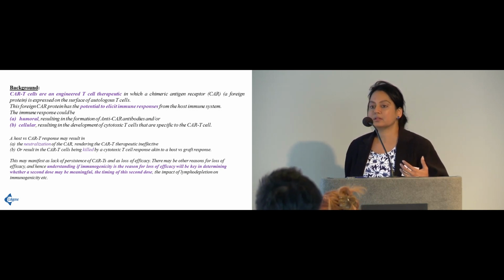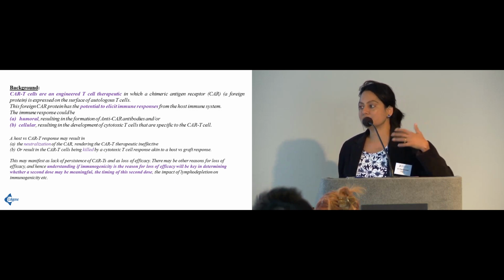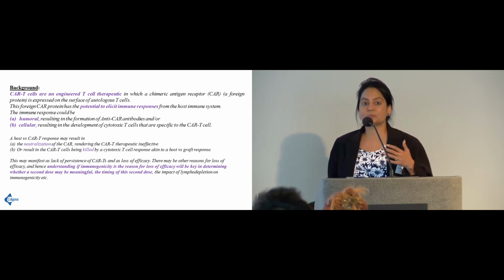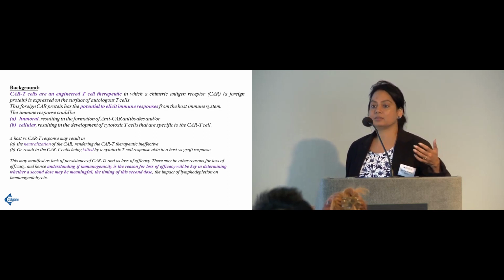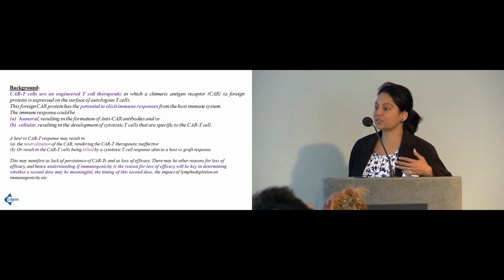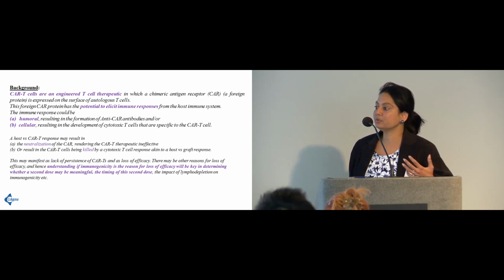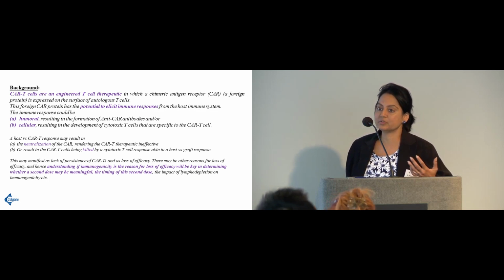Do we expect the expansion of CAR T cells post-second infusion to look exactly the same as the expansion post-first infusion, or how does it change? What should be the timing of the reinfusion? Should we immunodeplete these patients before we reinfuse, or is the first immunodepletion sufficient?